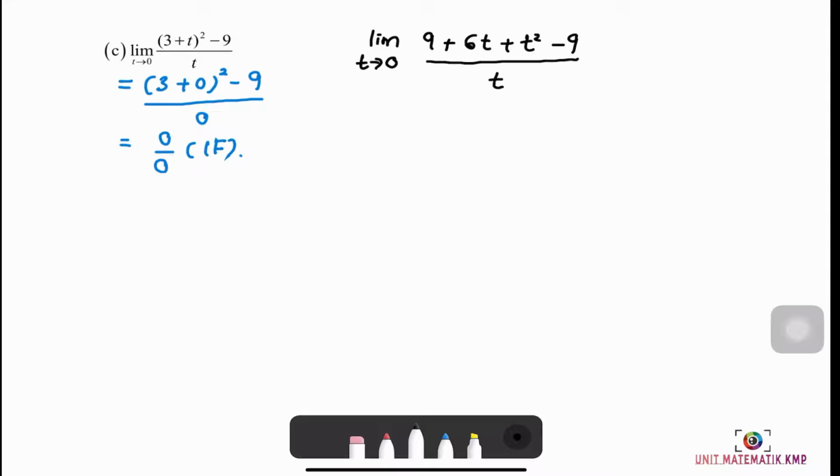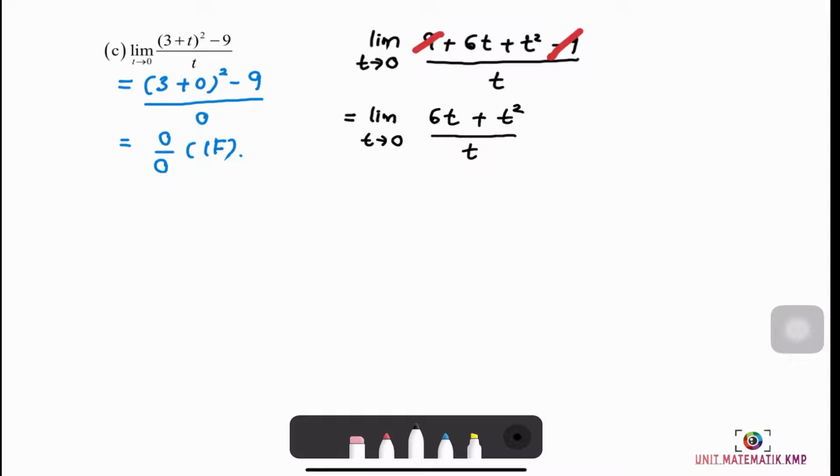So we simplify. We cancel off 9 and 9 here, so we have 6t plus t squared over t, and t approaches 0.